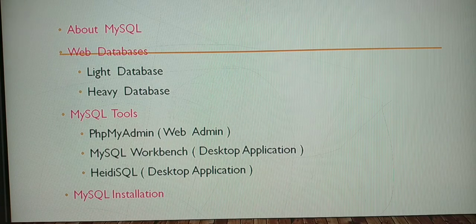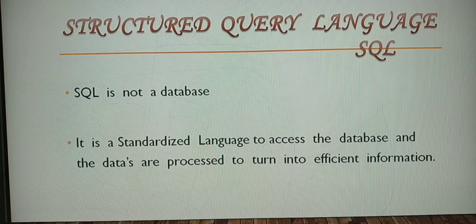Under that we finished web databases. You will have 2 types of web database, the light database and the heavy database. Then the tools that are available: PHP MyAdmin, MySQL Workbench, and HeidiSQL. And finally we finished how to install MySQL.